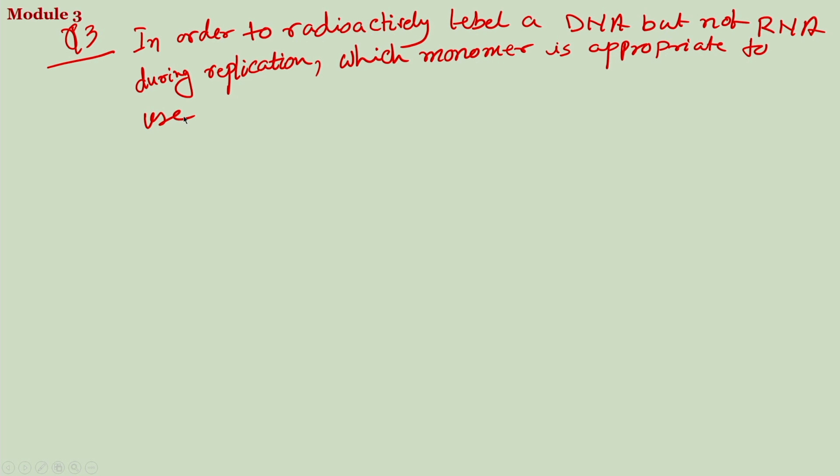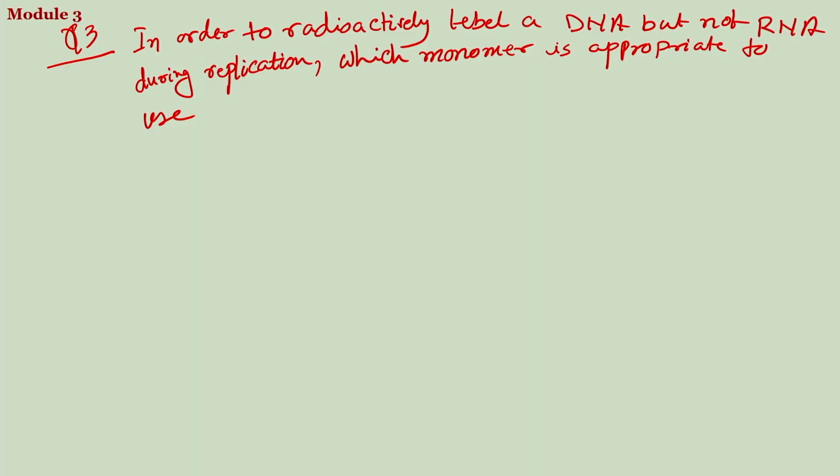So, suppose you have a mixture of DNA and RNA in your vial and there is replication going on. Now, you want to track only the DNA and therefore, you want to label only the DNA with the radioactive P32.